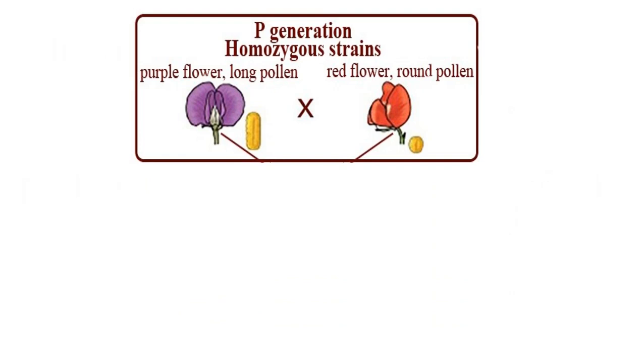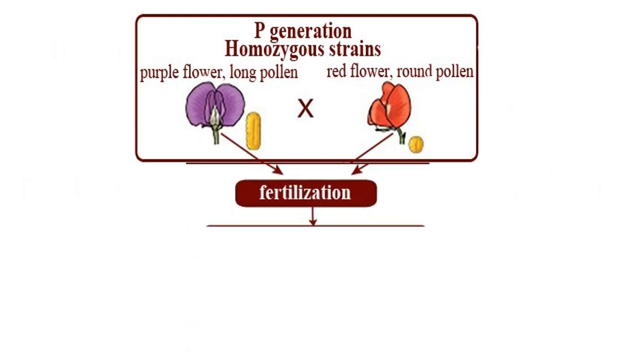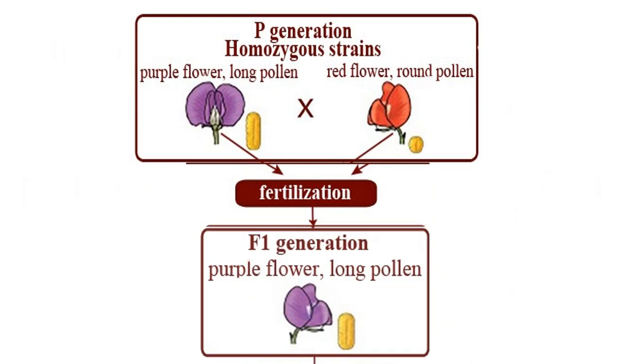Now you can see that in the parental generation, when two true breeding or homozygous strains are crossed, after fertilization we can see that in the F1 generation the purple flower and long pollen traits are dominant. Purple color is dominant over red, and long pollen is dominant over round pollen.